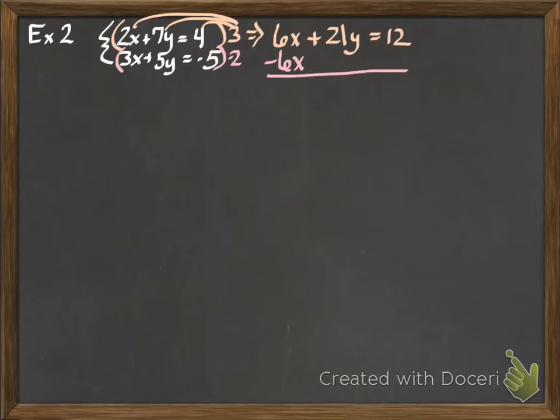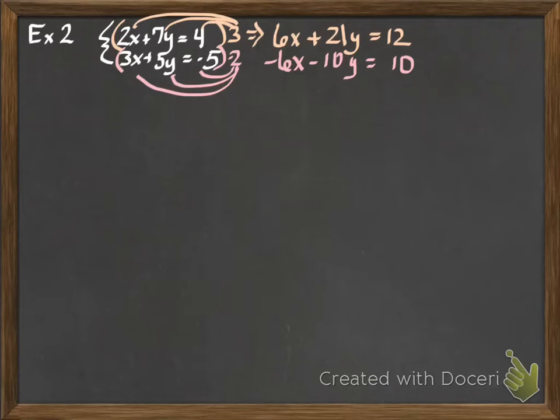So I'm going to mark it as a negative. I want to take that negative 2 and distribute it through to each term. So plus 5y becomes minus 10y, and negative 5 becomes a positive 10.